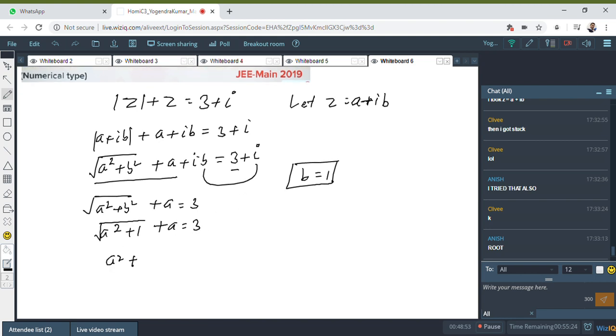Root of a square plus 1 is equal to 3 minus a.